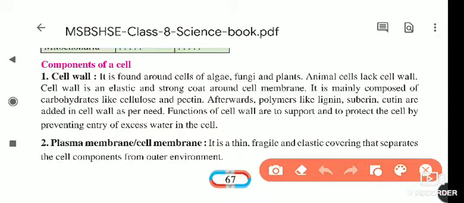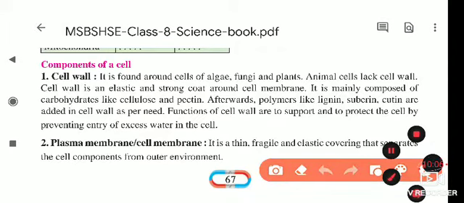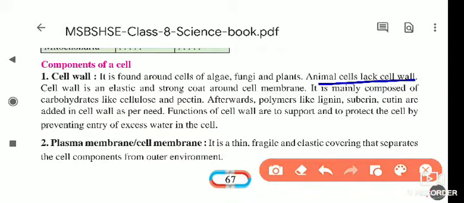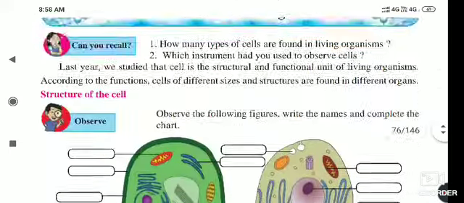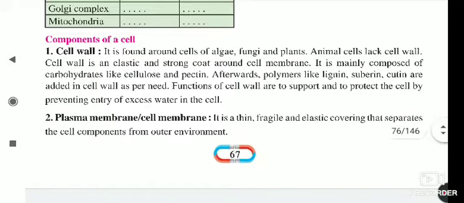It is found around the cells of algae, fungi and plants. Animal cells lack a cell wall. Okay, inside the animal cell the cell wall is absent.